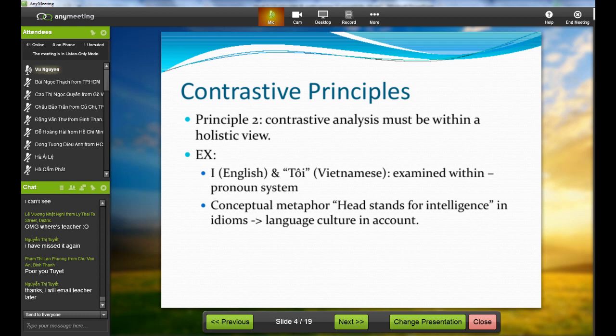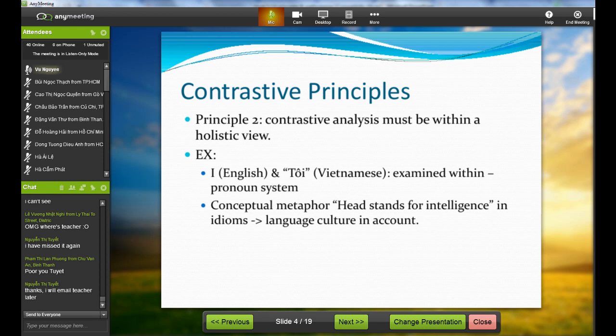For example, this is the topic that we discussed in our face-to-face meeting last Wednesday, when we analyzed first personal pronouns in English and in Vietnamese. We should not compare the two first personal pronouns I and tôi from the pronoun system only.